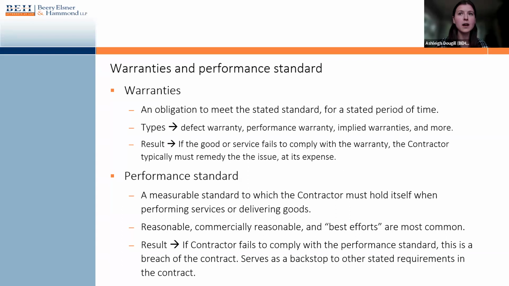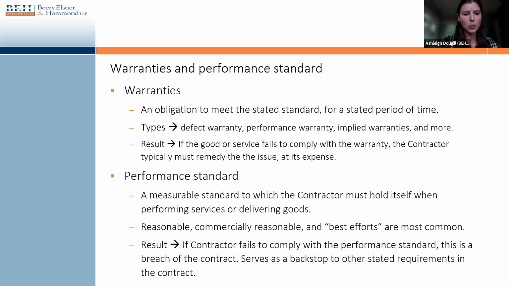Some examples of express warranties that you've probably seen in contracts include defects warranties, providing that a piece of goods will be free from defects in design, material, and workmanship for a period of time. Another example is a performance warranty. Implied warranties can include a warranty of merchantability, fitness for a particular purpose, and more.